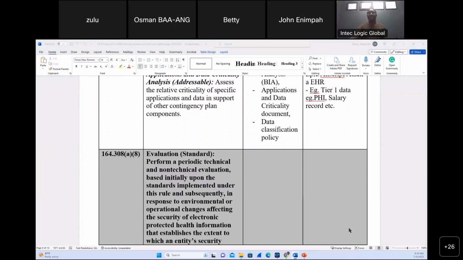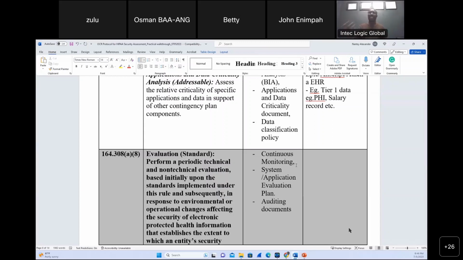So here, you may want to have some documents to evaluate. I think the audit comes in here. Auditing, continuous monitoring. As you do continuous monitoring of your environment, testing controls to see whether they are working, system and application evaluations. You're evaluating your system. Are the systems really working well?